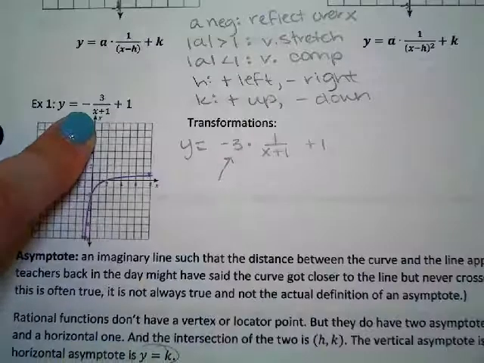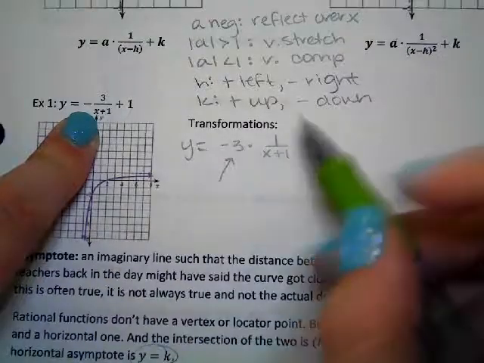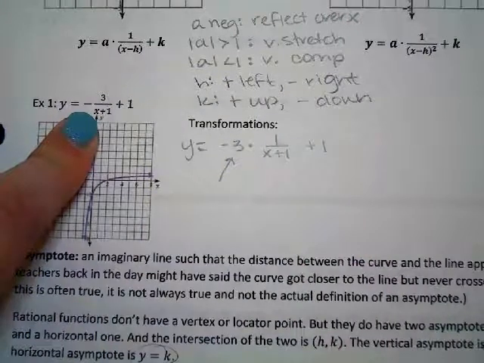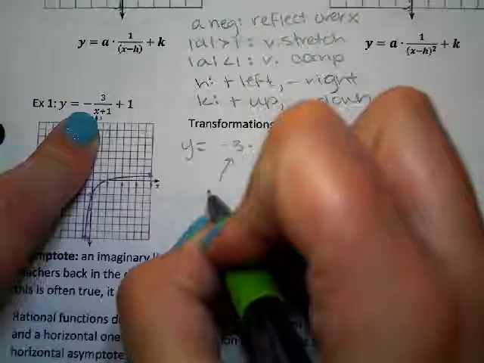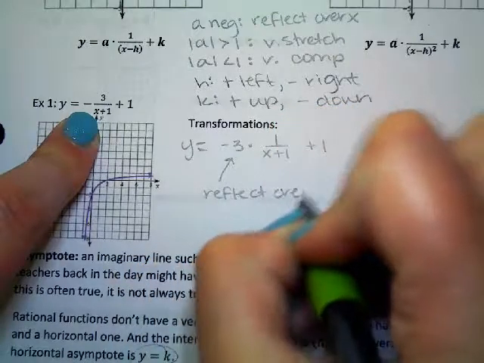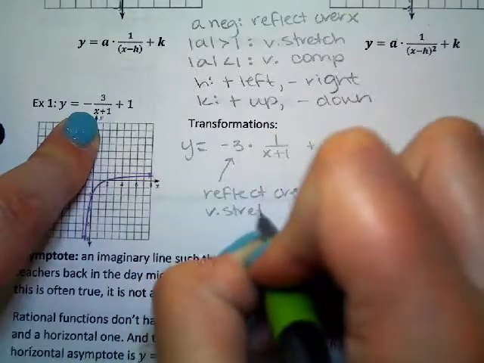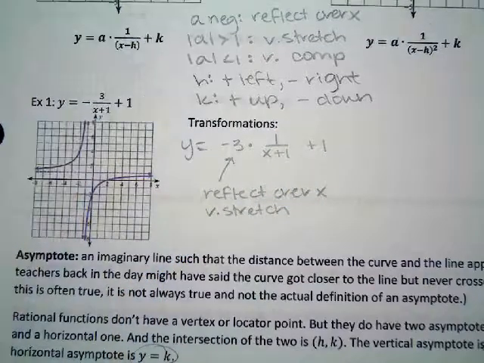So with that -3 in the front, 1 on top is normal, 3 on top is not. So that -3 tells us that we have a reflection over x, and we also have a vertical stretch. So this graph is taller, skinnier than normal.